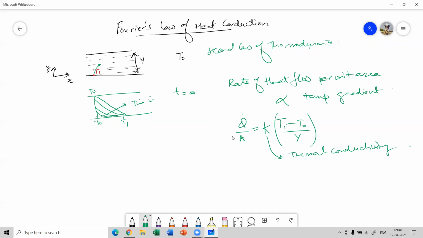So the rate of heat transfer per unit area is equal to the thermal conductivity times the temperature difference divided by the distance between the two plates, that is Y.